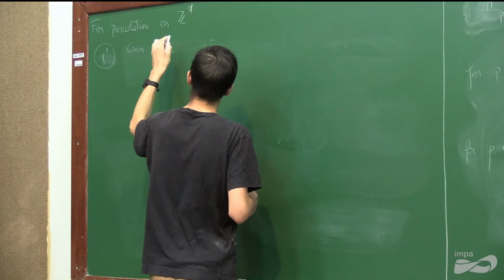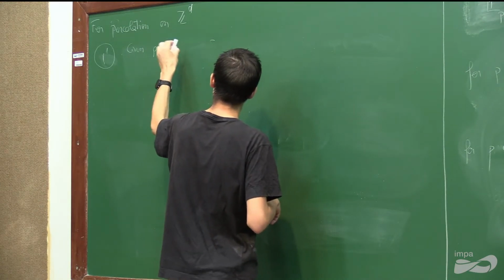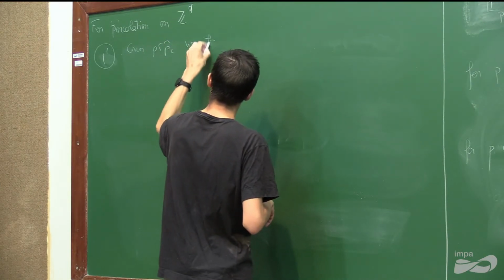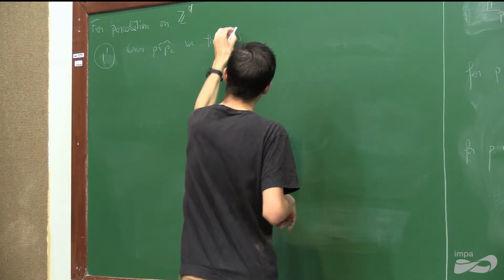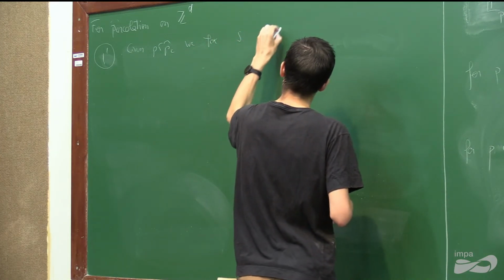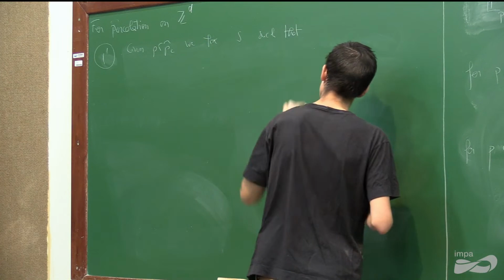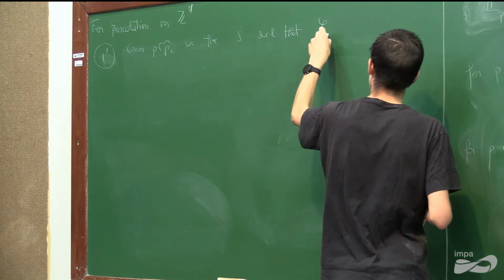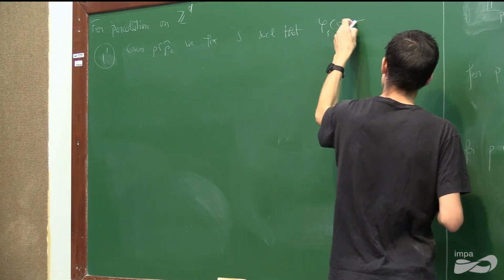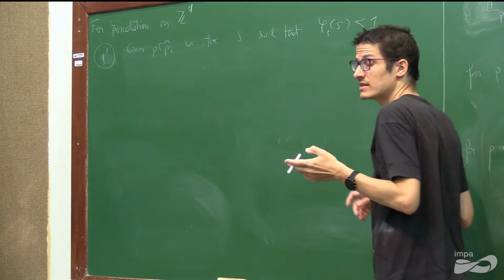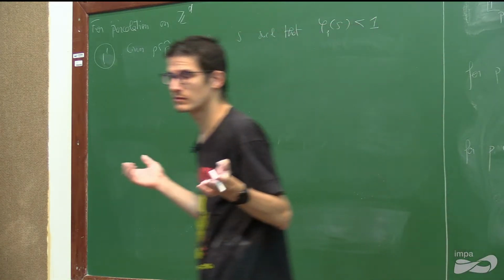Given p smaller than pc, we fix S such that phi_p(S) is smaller than 1. The infimum is smaller than 1, so we can find some S.